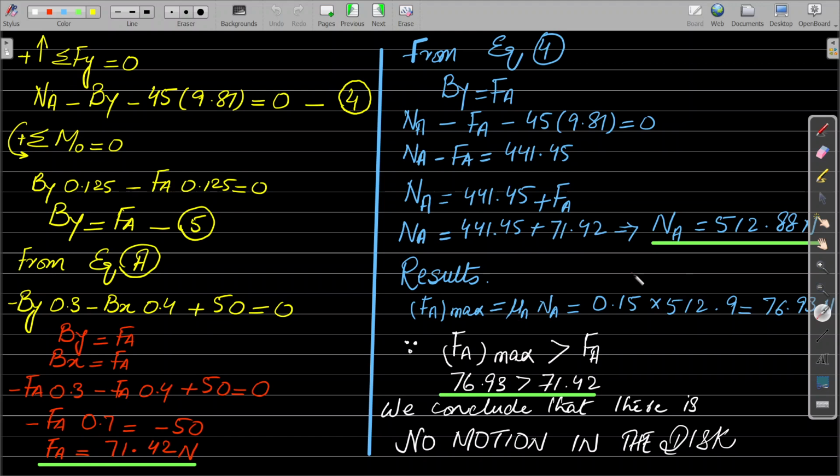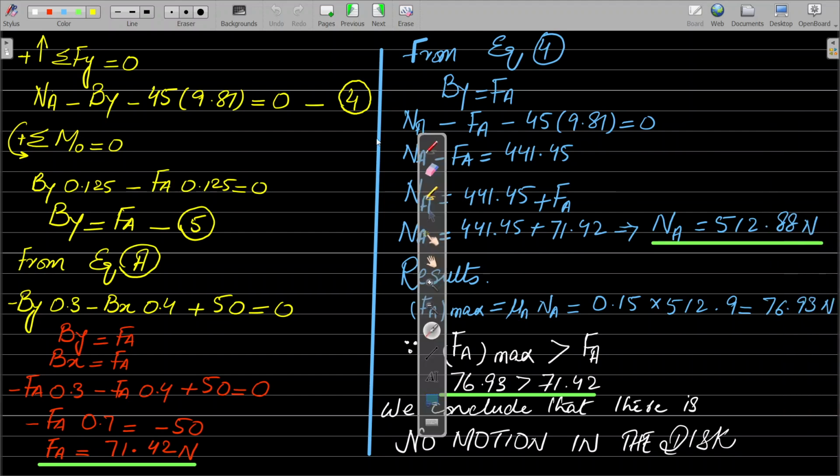Now we know from the equation 4 that By is equals to Fa. So we can put the value here as Na minus, and for By we can put Fa, because By equals to Fa. So Na minus Fa minus 45 into 9.81 equals to 0.